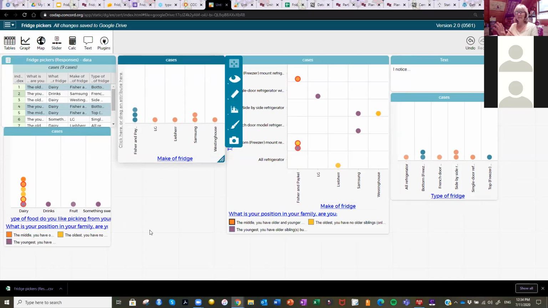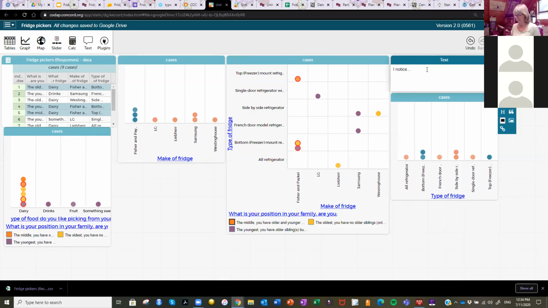That's one of the lovely things that Codap allows you to do. And if you've got your text box up, you can start to type things in there. If I was doing this with students and I was using a pre-existing data set, I would have probably put a lot of prompts in the text box before I share the document with them. But it's really quite a quick tool to get some visuals up.